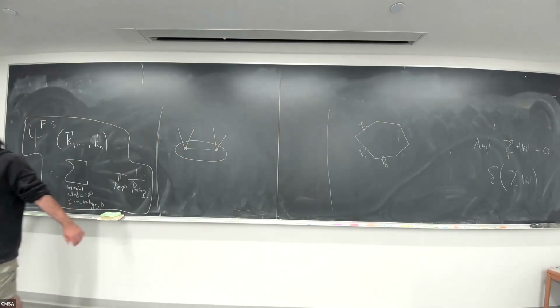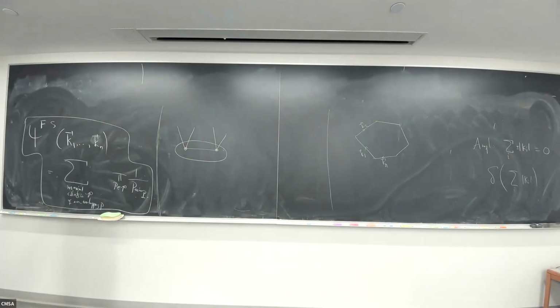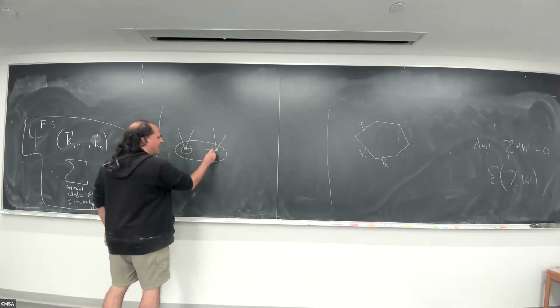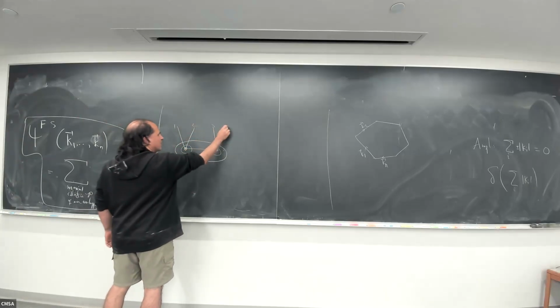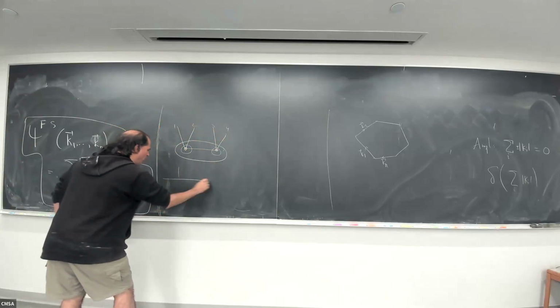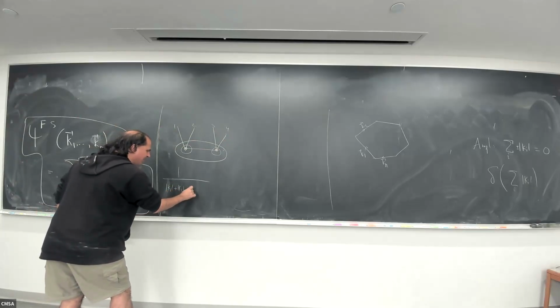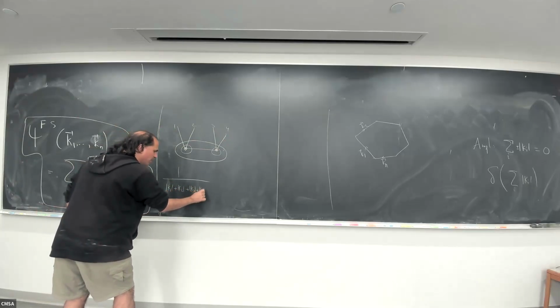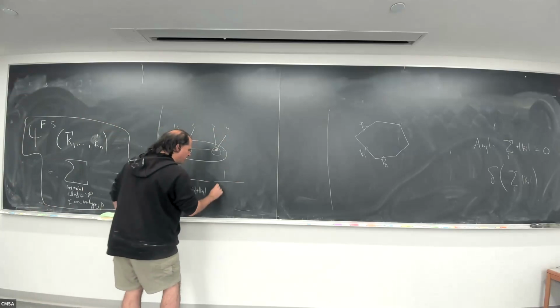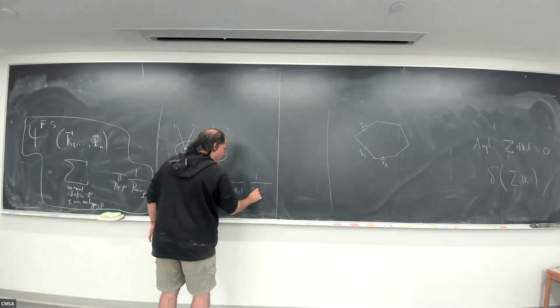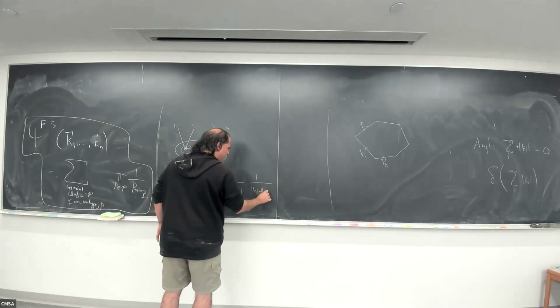So there's a factor that always looks like 1 over the sum of all the k's. So here the answer was 1 over k1 plus k2 plus k3 plus k4, and then there's a 1 over k1 plus k2 plus k intermediate, and a 1 over k3 plus k4 plus k intermediate.